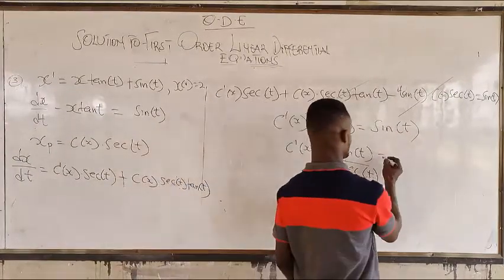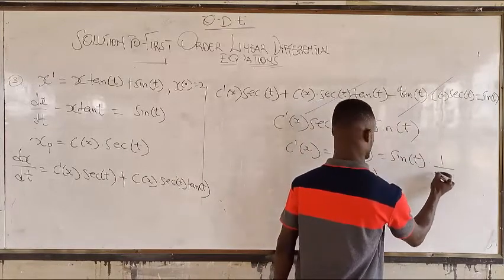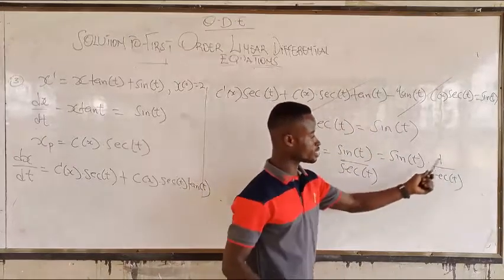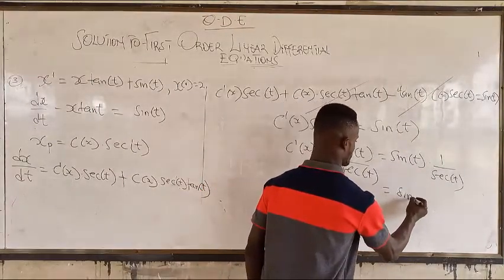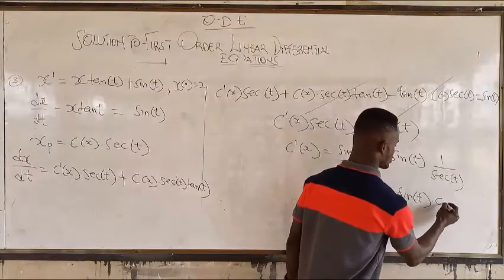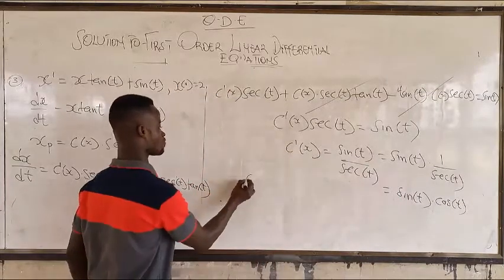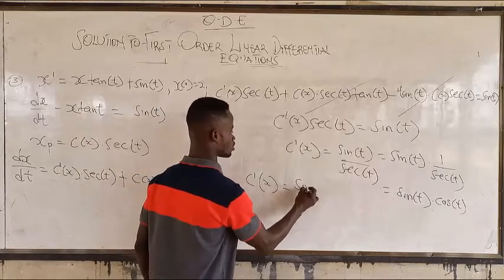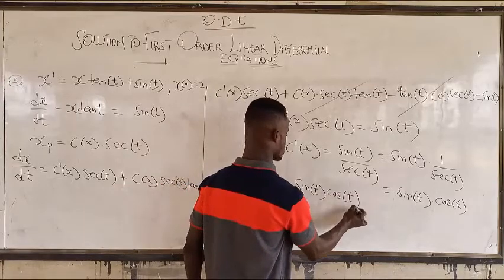You know that this is the same math. And you know this is cos t. 1 over sec is the same as cos. So we have c prime of x is equal to sin t cos t.